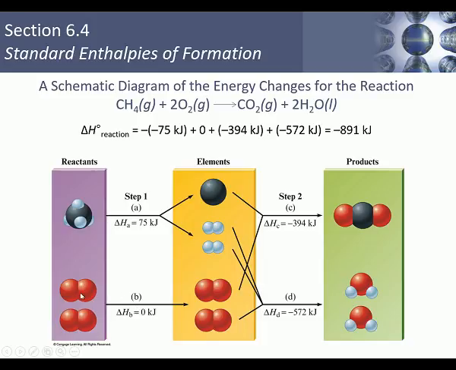Contrariwise, this is a pure substance. This is just O2, so this delta H is 0. By definition, if it's a pure element, O2, O3, N2, K, whatever you're looking at, it's going to have a delta H of 0 kilojoules. Now, in step 2, when these things start to rearrange, we take this 1 carbon and hook it up with 2 oxygens to make CO2.